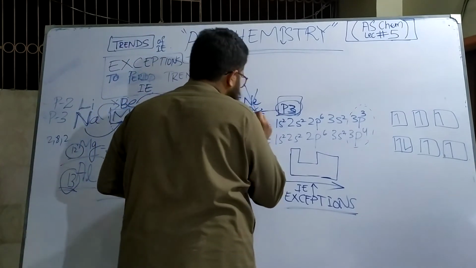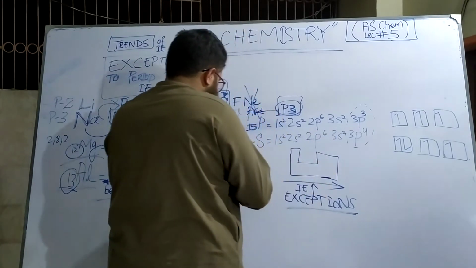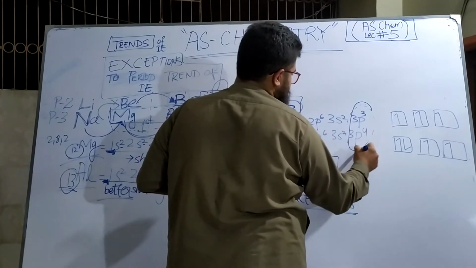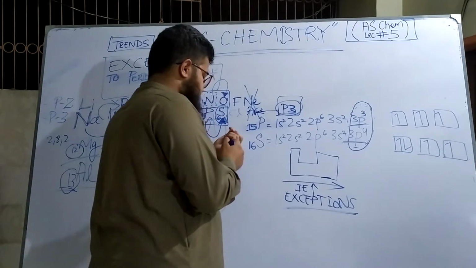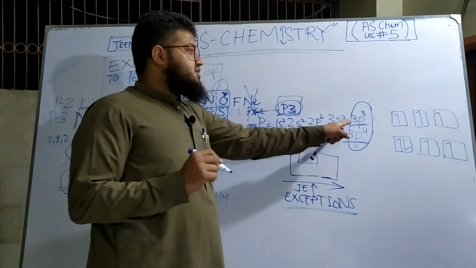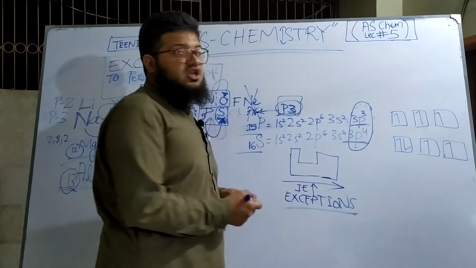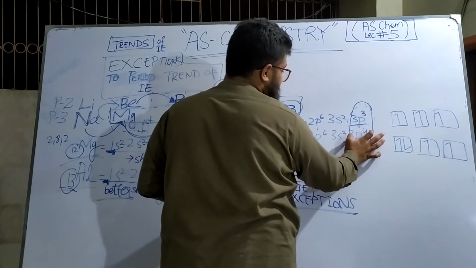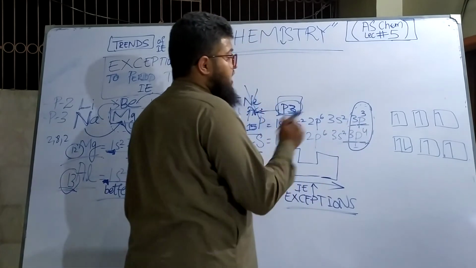Now, if you look at the outermost electrons of these two, 3p3 and 3p4, the outermost electron of phosphorus is in the 3p orbital and the outermost electron of sulfur is also in the 3p orbital. Now, there are 4 electrons in the p orbital of sulfur as compared to 3 in that of phosphorus.